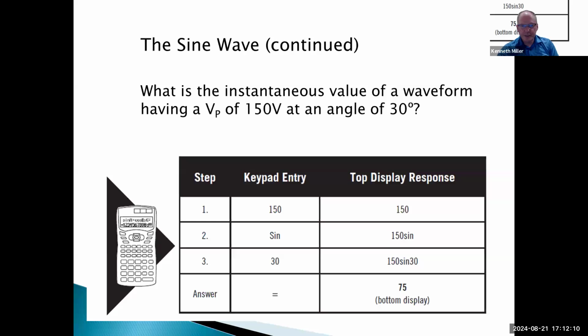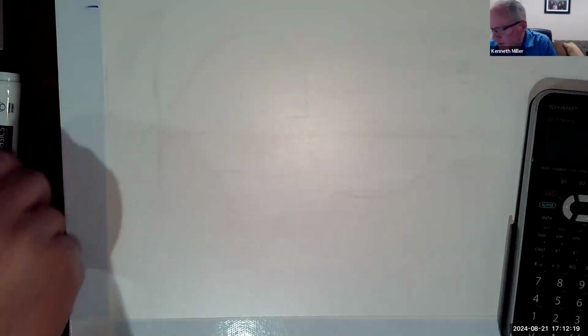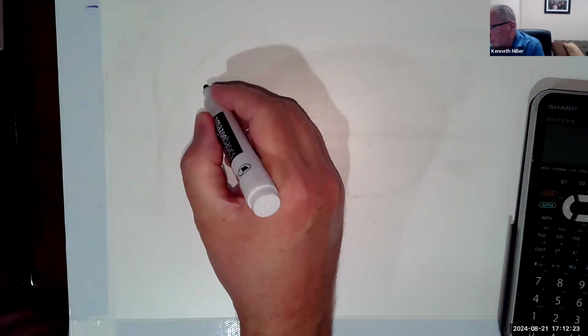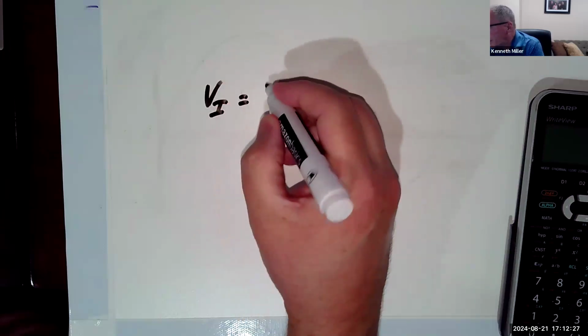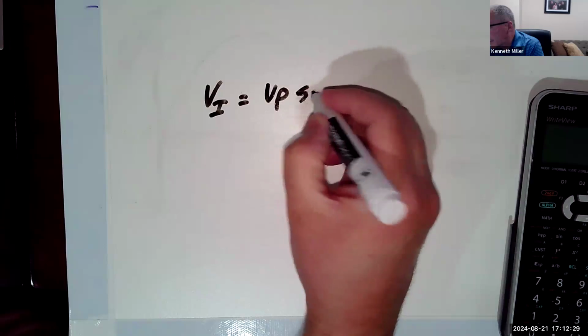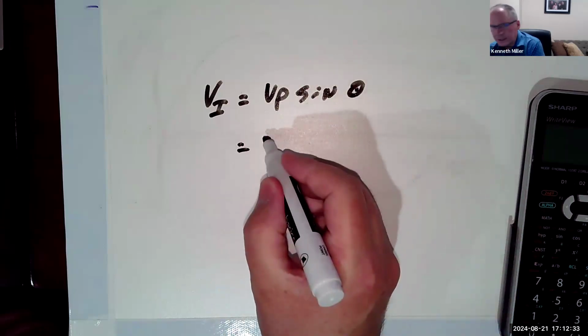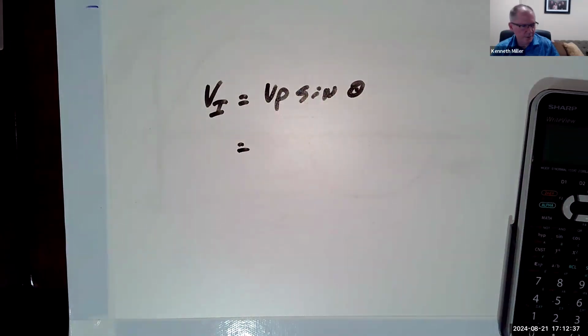So let me change my camera again. That was the instantaneous value where V is VP sine of theta, and VP was, let me go back to that.